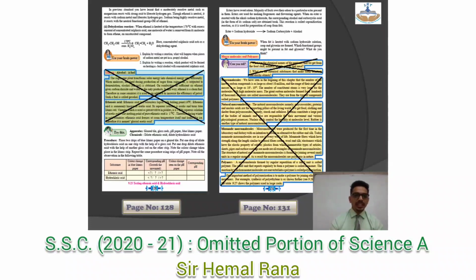On page 128, we do not have about alcohol as a fuel. So these two paragraphs, and along with that ethanoic acid, even this part has been removed. And on page 131, we do not have can you tell, and later on from macromolecules onwards, everything has been omitted on page number 131.